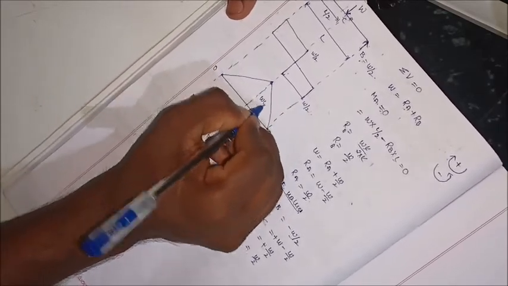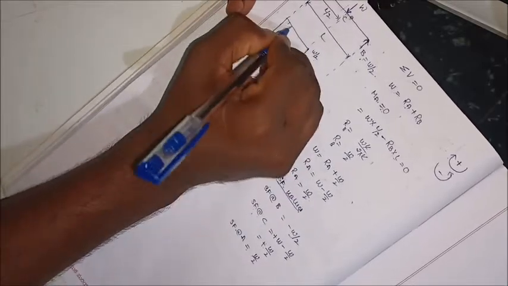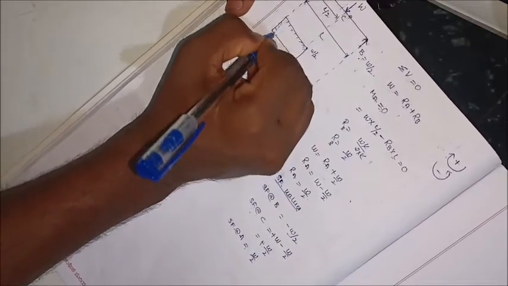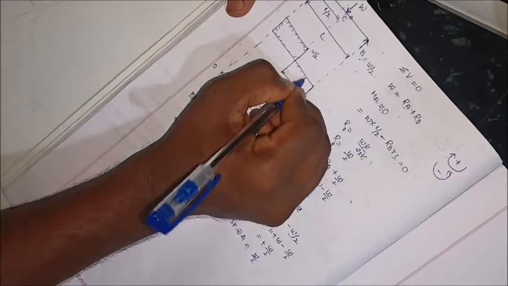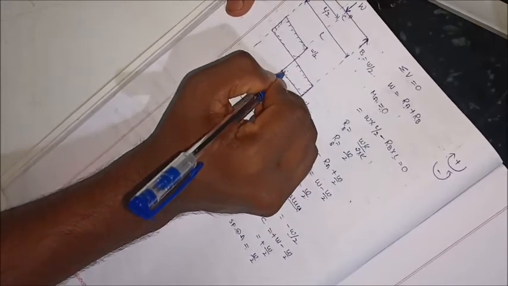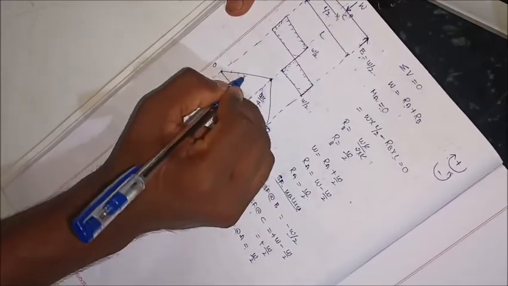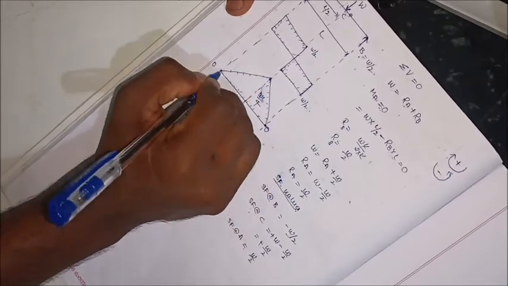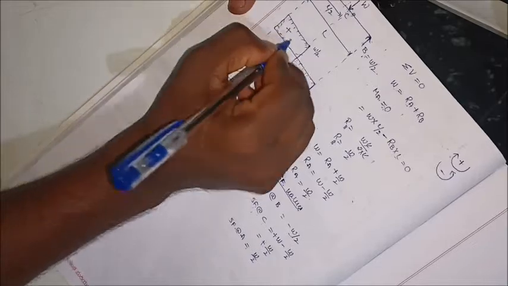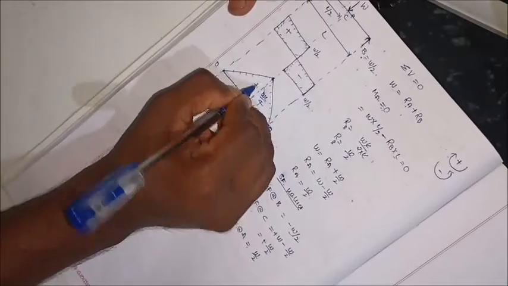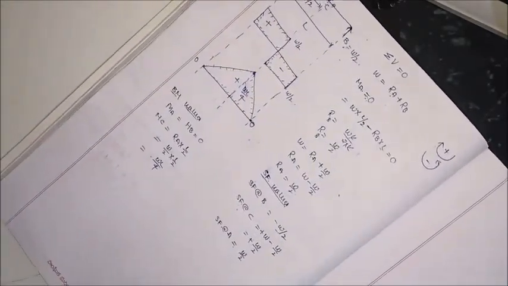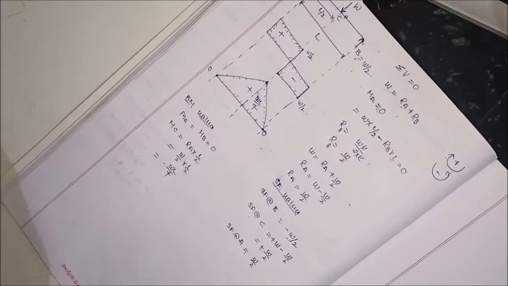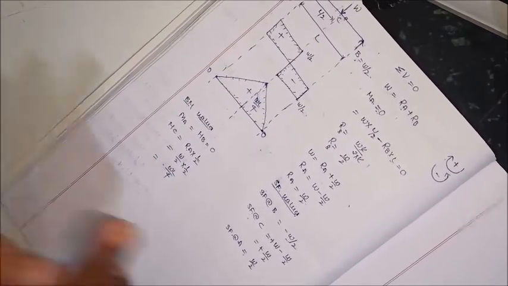This value is WL by 4. This is the shear force diagram. This is the bending moment diagram. Positive, negative, positive. These are the shear force and bending moment diagrams for a simply supported beam with a central point load.